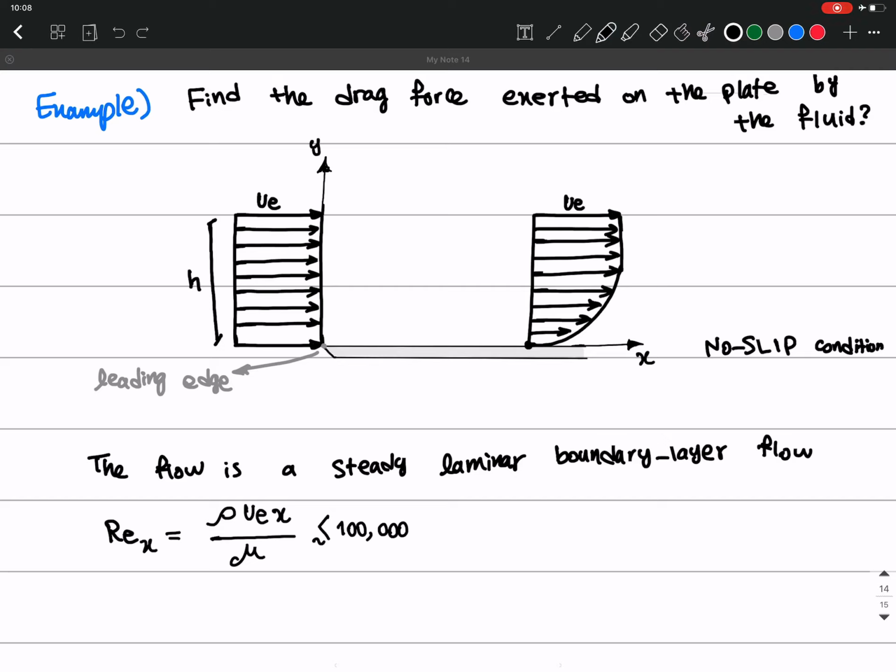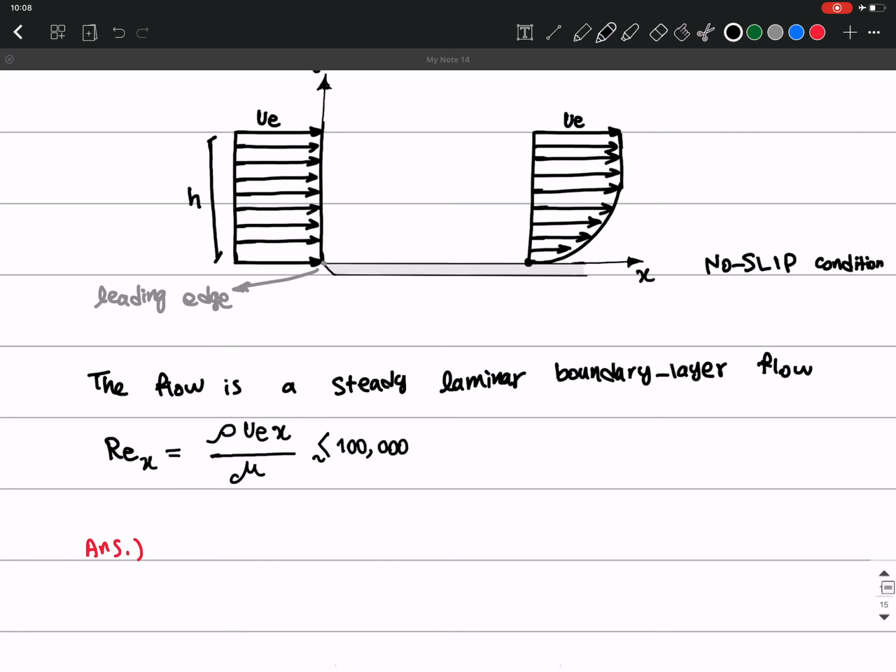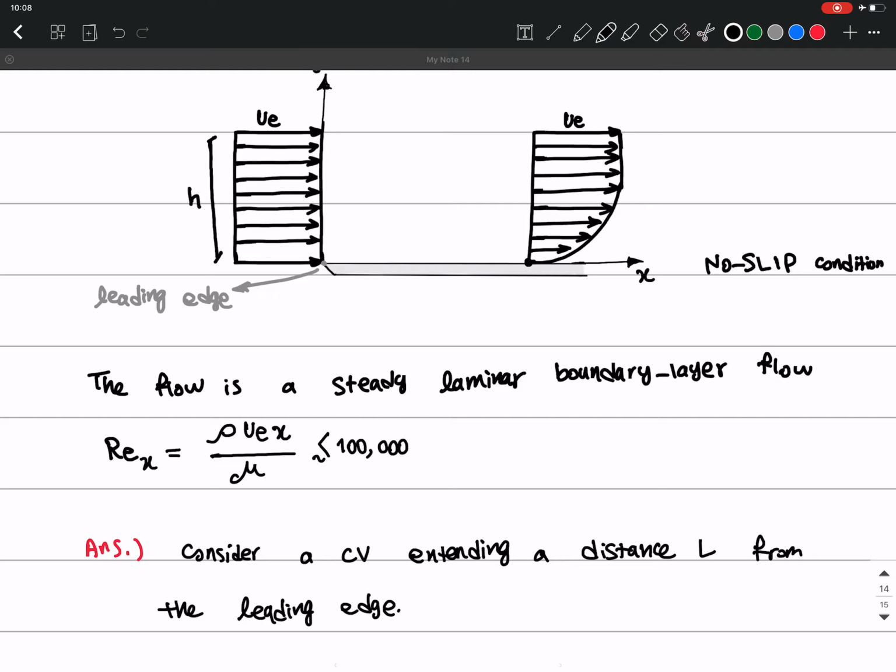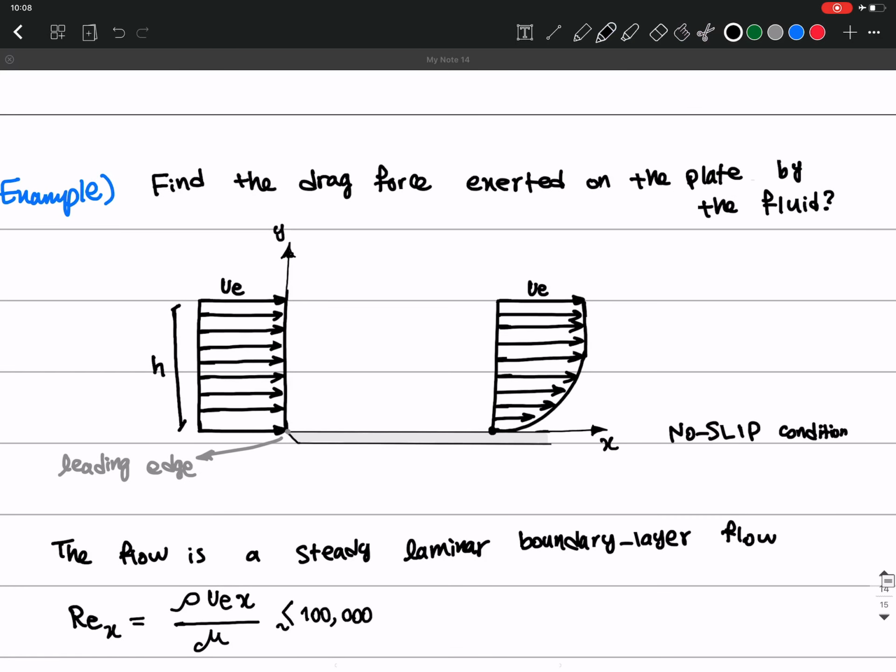So in order to solve this, let's get started. So, answer. First, we consider a CV extending a distance L from the leading edge. So the CV that I'm going to consider here is this.